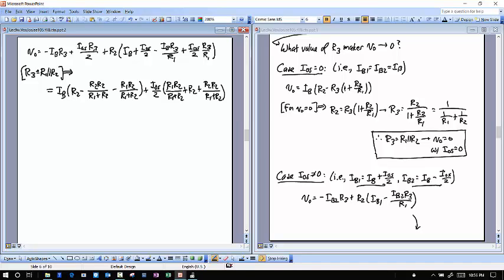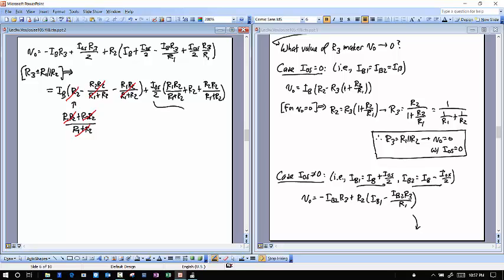Okay, and so we want to simplify these things here, and this thing here turns into R1 R2 plus R2 R2 over R1 plus R2, and so we can see these are the same. So this term is the same as the one on the right, those go away. This term is the same as the one in the first one, so all of these go away. And so this whole first term turns into 0.